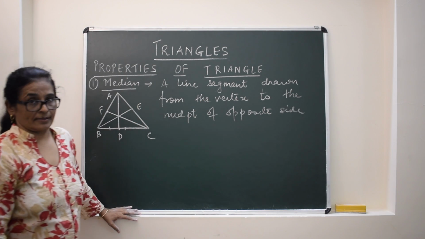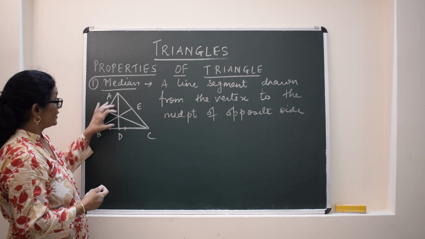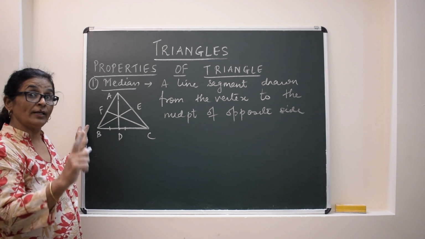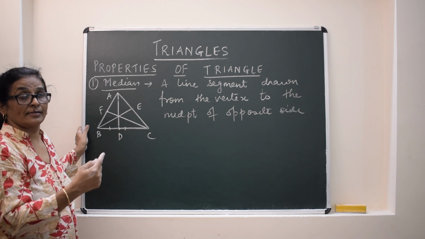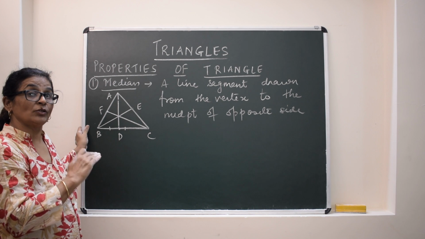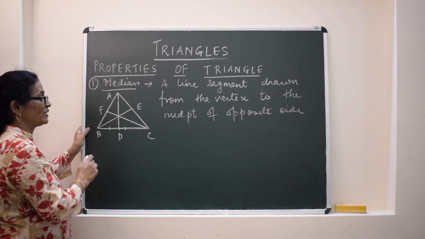It means that there is one of the properties of median, that is, a median divides a triangle into two equal triangles, we may say, or a median divides a triangle into two triangles of equal areas. So this also can be said about the median.